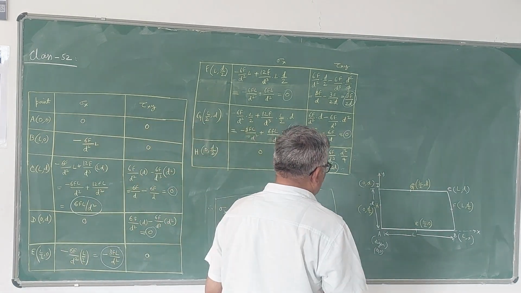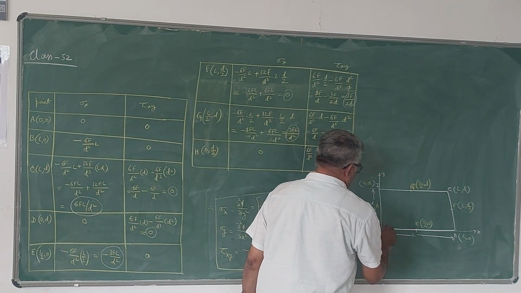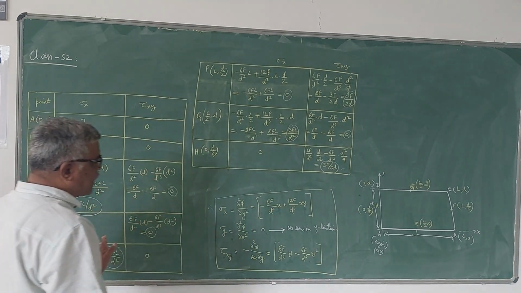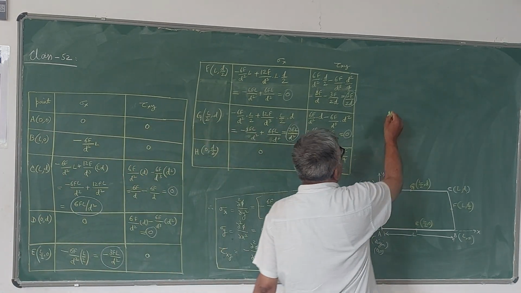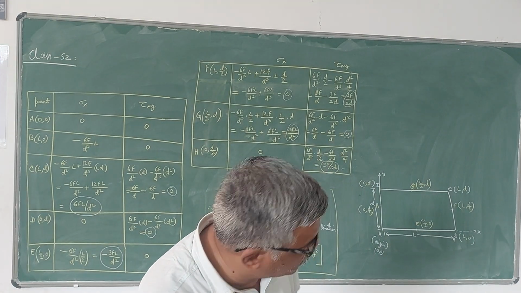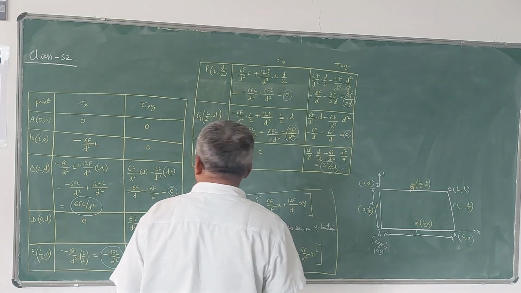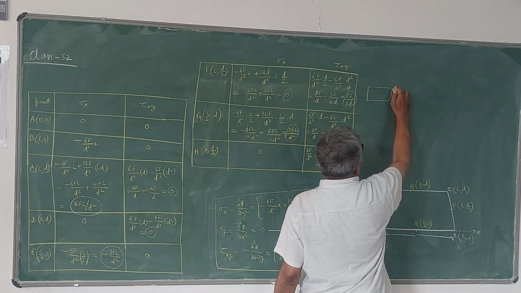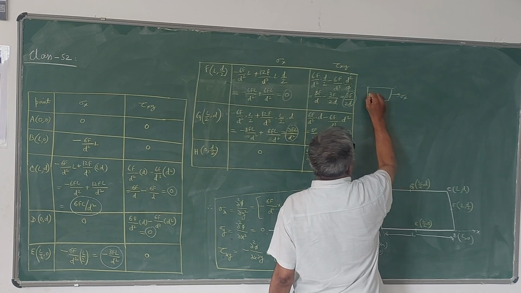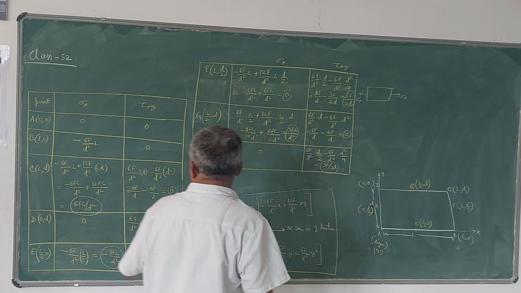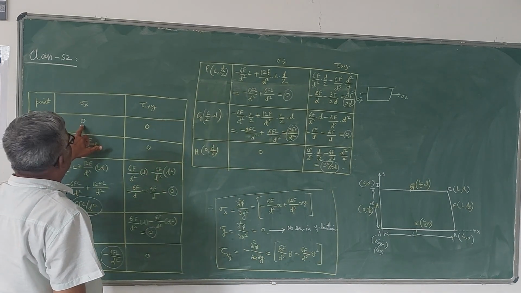So first, one by one, we will take up. First point A. First I will plot sigma x. Sigma x acts in this direction. Please note that. So sigma x always acts like this. One by one we will take up. At point A, what is the value of sigma x? 0.